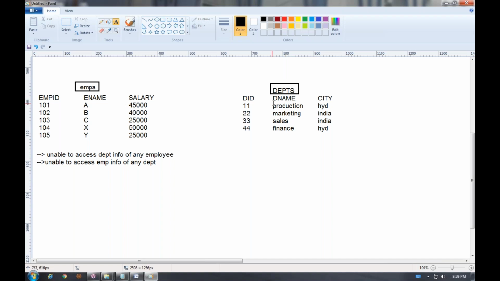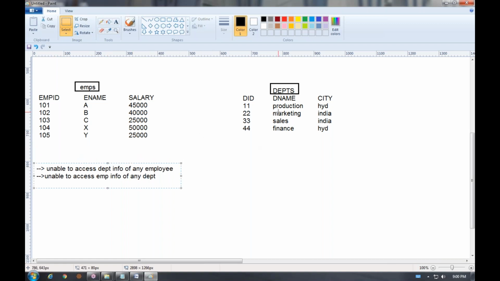Highest salary among production employees? Don't know. Don't know means you are missing data. Missing information means there is a communication gap between you and the database.